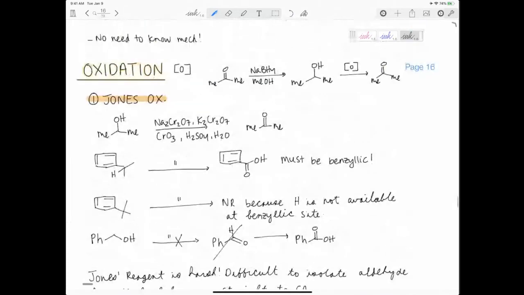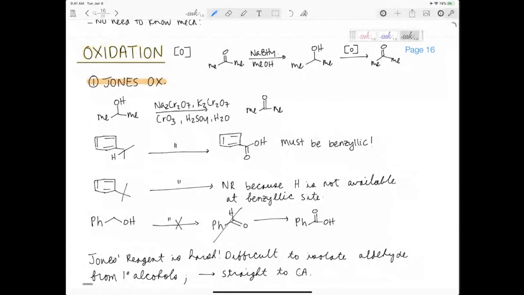So how do we get around this? We'll talk about it later in the next two reagents, but first I want to consider the mechanism.